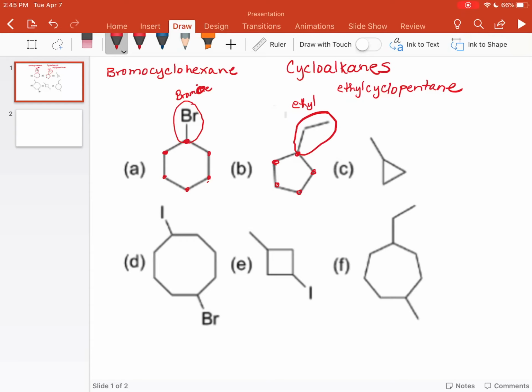And here we have 3 carbons, so we're talking about a cyclopropane. So remember, hex means 6, pent is 5, and prop is 3. And here with that one zig, that is a methyl group, so the name of this would be methylcyclopropane.